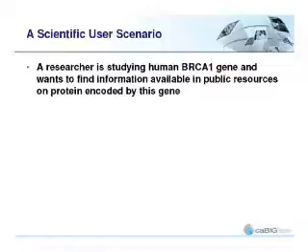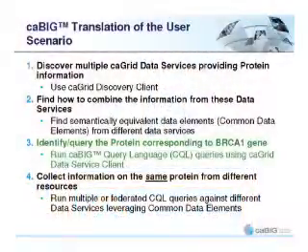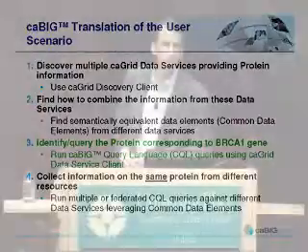To further refine it, we want to look at a particular user scenario. A researcher is studying the human BRCA gene and wants to find information available in public resources on the protein encoded by this gene. What that means in terms of caBIG are these four sequential operations.